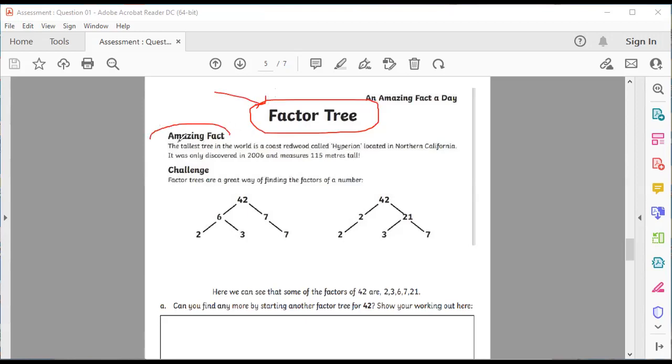Amazing fact. Guys, do you know where the tallest tree in the world is? Giant sequoia. Not in the Amazon, darling. It's in Sequoia National Park in California.